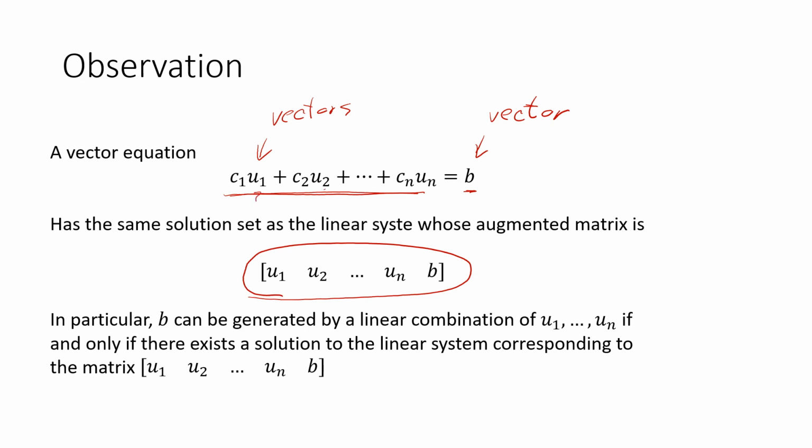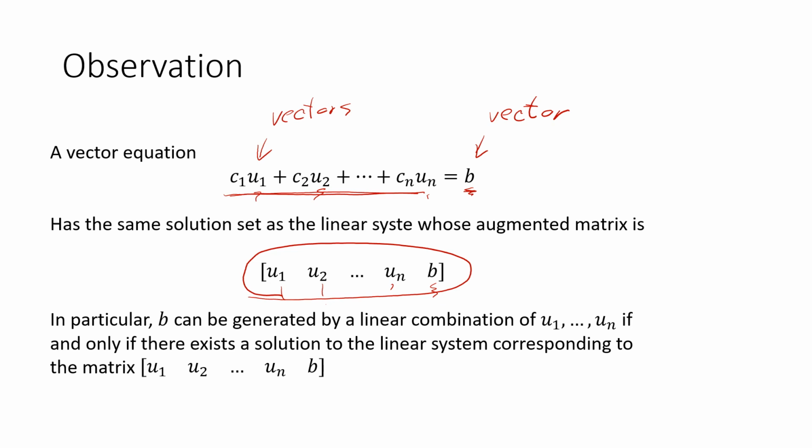So take your vectors out, put them as the columns in your matrix, take your constant vector, put that as the final column, build your augmented matrix, and solve using the Gauss-Jordan method, and it has the same solution set as your vector equation.